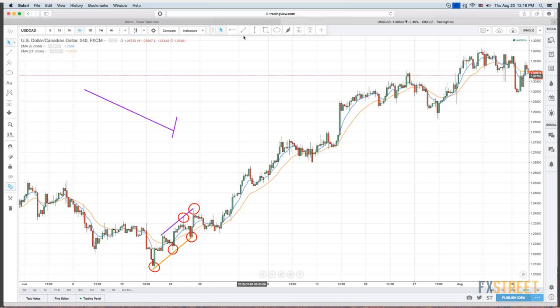This could just be a pullback to continue down. But for it to turn into an uptrend, we need to see a higher low hold and to perform a higher high. And that's when we know, okay, the markets are attempting to turn. Okay? Buyers have stepped in, right?